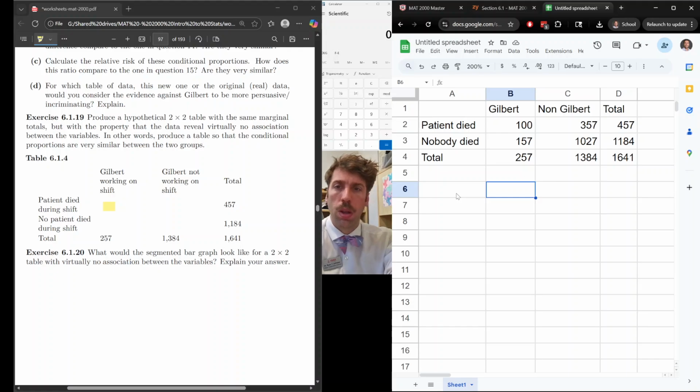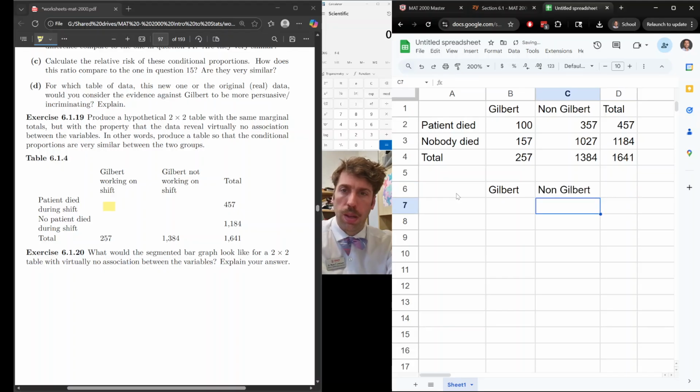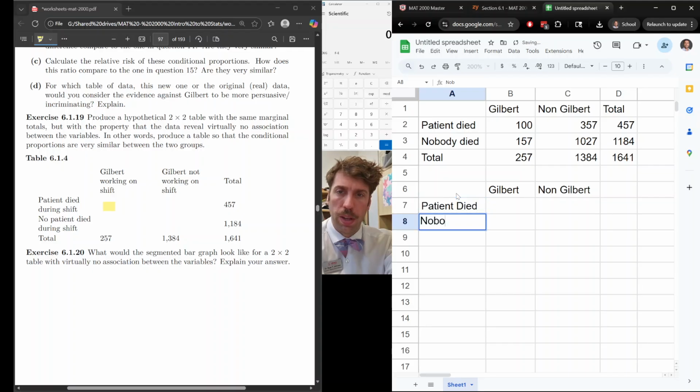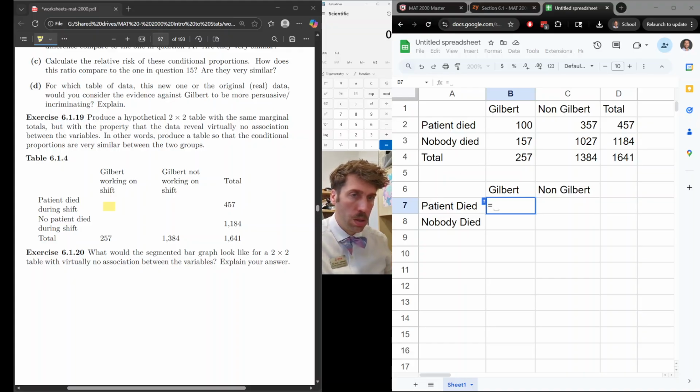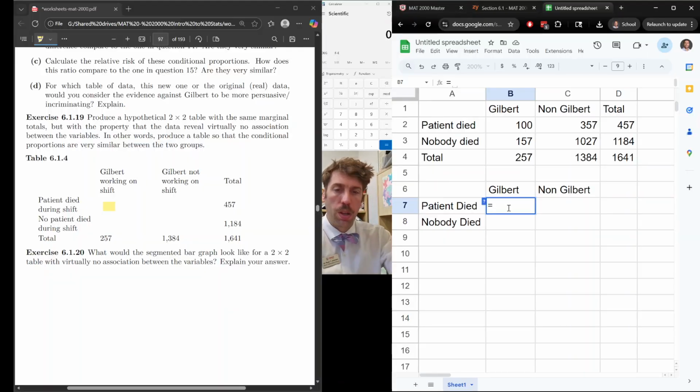So if I do Gilbert, non-Gilbert, and then patient died, and nobody died, then I can do the same conditional proportions that we did earlier. So we do the conditional proportion just like we did last time, but with our different numbers.